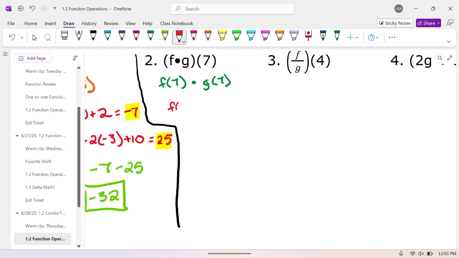We're going to find F of 7 and G of 7 first. We're just going to go ahead and evaluate those two functions separately. So this will be 3 times 7 plus 2, and then 7 squared minus 2 times 7 plus 10. So take a minute, find it.